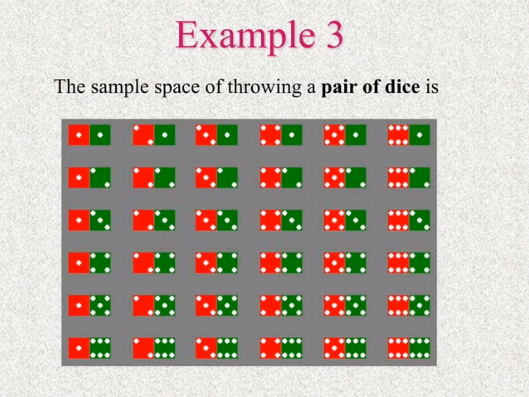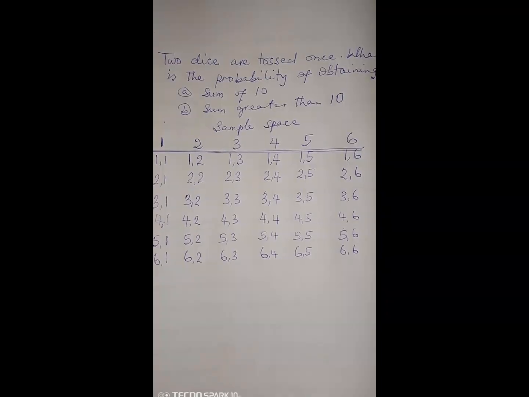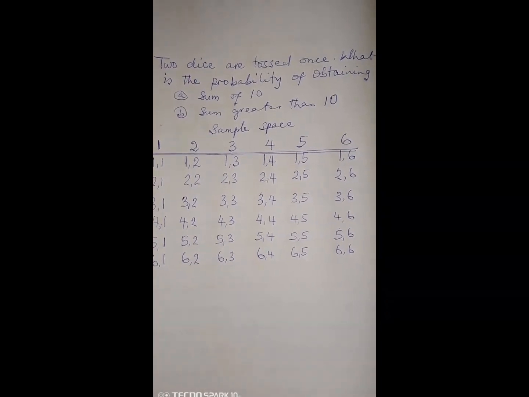As you can see, on the red die and on the green die, these are various outcomes. The slide is stated here, where you can see the various outcomes when a pair of dice is tossed. The total number of outcomes here is equal to 36. As you can see, these are all possibilities when dice are tossed.